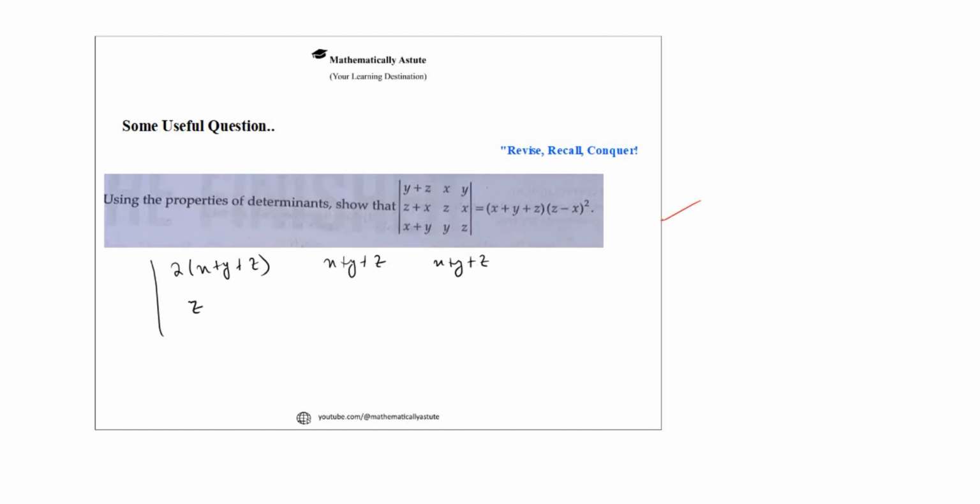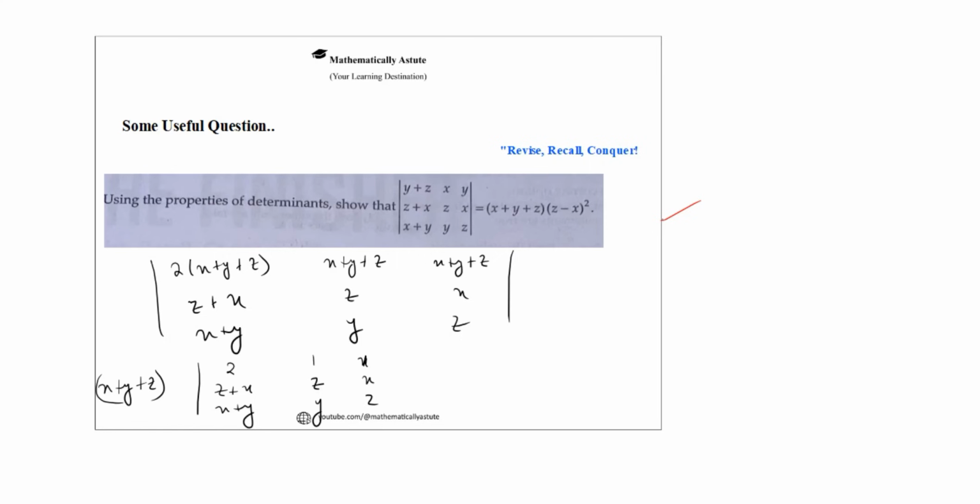This will be z plus x, x plus y, again z, y, x and z. On taking x plus y plus z common from the first row, the determinant will reduce to 2, 1, 1; z plus x, x plus y, z; y, x, z.